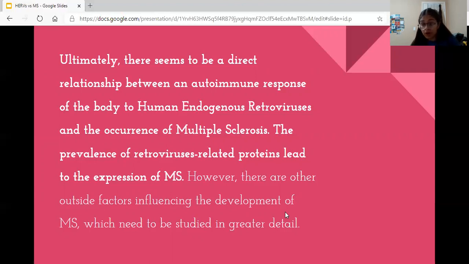However, this does not deny or degrade the conclusion that HERVs are directly responsible for the prevalence and occurrence of MS. So that concludes all my research.